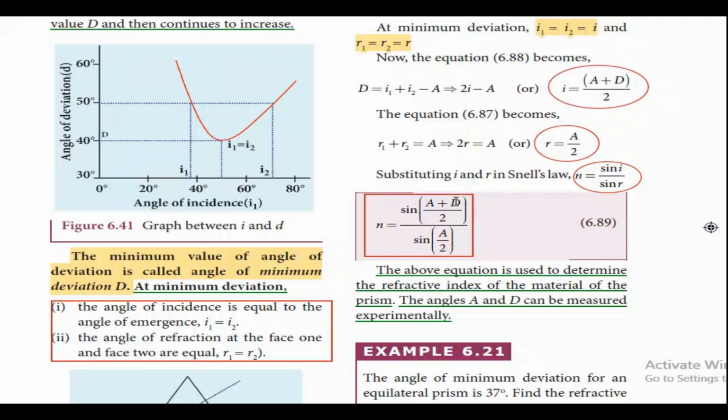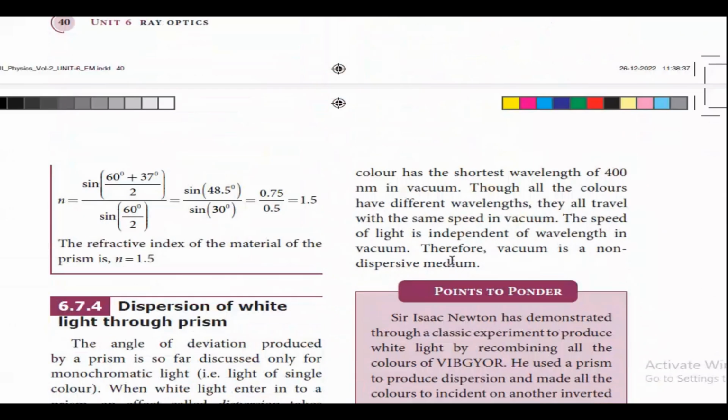So the refractive index for glass, we are using that: here 60 plus 40, that is 100, by 2, sin 50, and here 60 by 2, sin 30. So simplifying this, you can get the value of the refractive index of glass as 1.5. That will be the refractive index of glass usually. That is what you should remember.